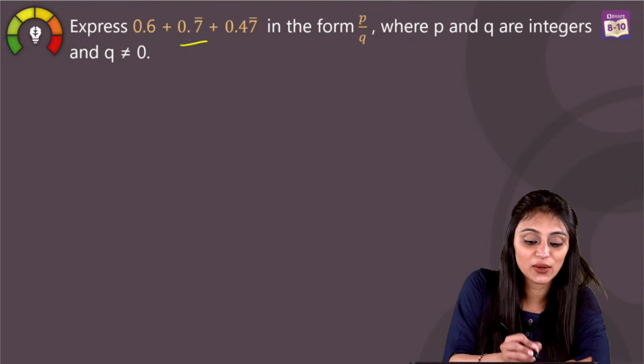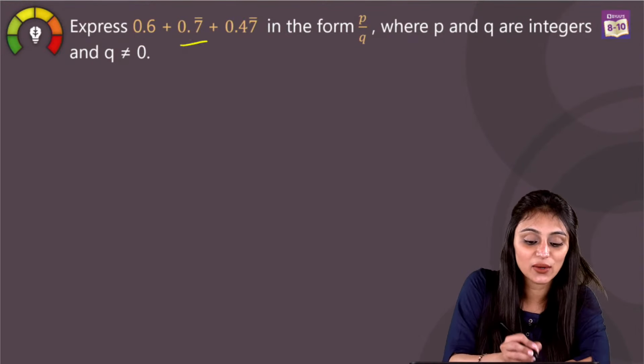Let's convert that in fractional form. So first we assume that as z, 0.4777. Now to shift the decimal here, I'll multiply this by 10. So it becomes 10z equal to 4.777. Now just to make the calculation simpler, rather than multiplying by 10, I'll multiply this given number by 100.